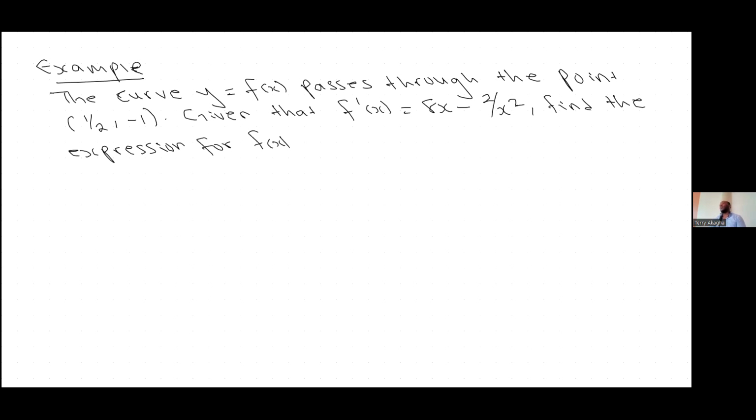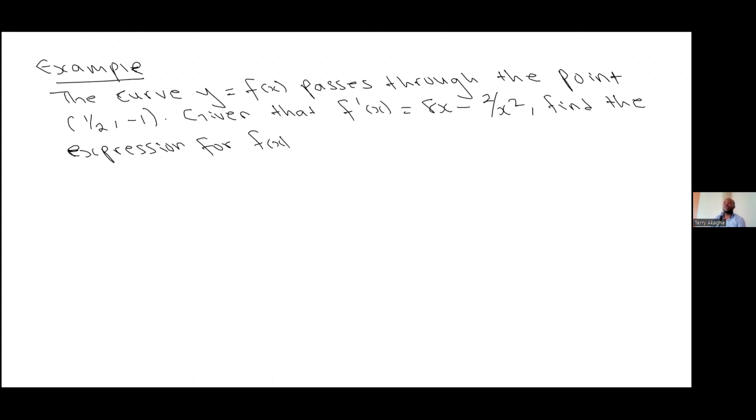Okay? So we need to find the expression for f of x. All right, so we're given that curve y is equal to f of x. It passes through the point half and minus 1, given that f prime x is equal to 8x minus 2 over x squared. Find the expression of f of x.